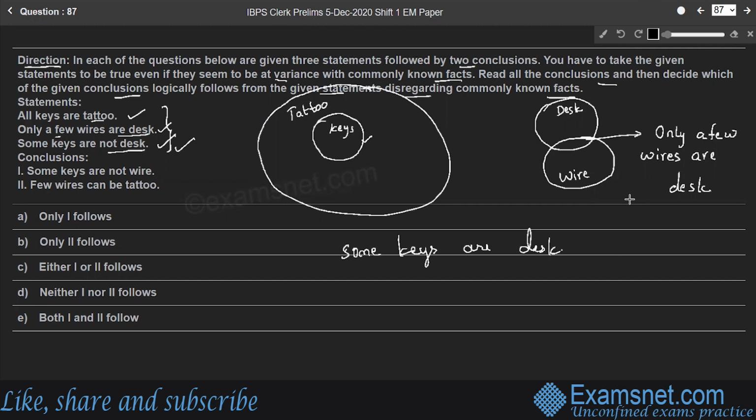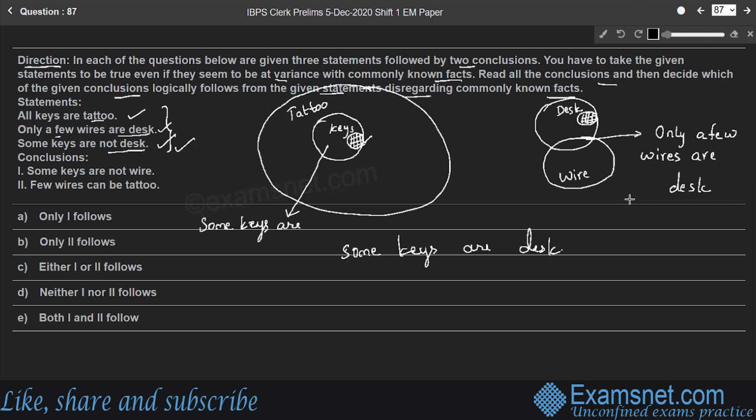Right? So that means there is a portion in set of keys, this shaded portion, which is included in set of desk. Right? And the remaining portion in the set of keys represents some keys are not desk.